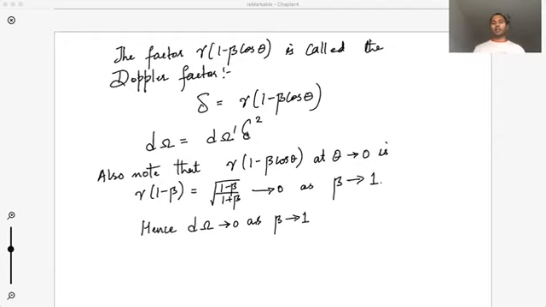So I would encourage you to do some numerical calculations to get a sense for what this looks like. You can write a simple program to actually plot this Doppler factor. So you get a little bit of intuition, and it's good to have that intuition.